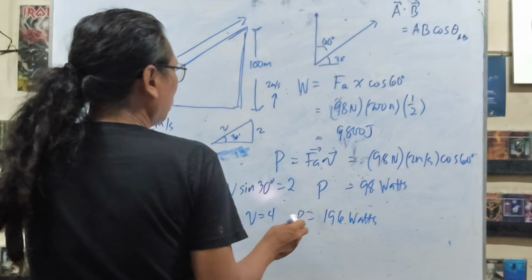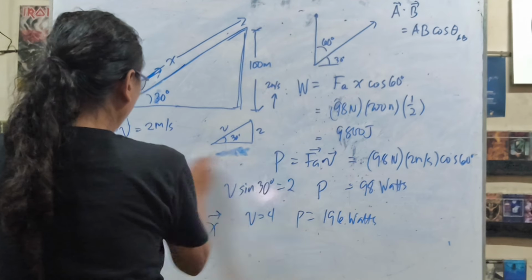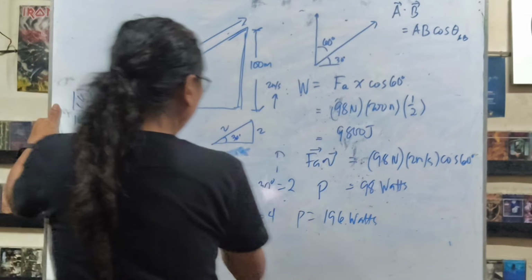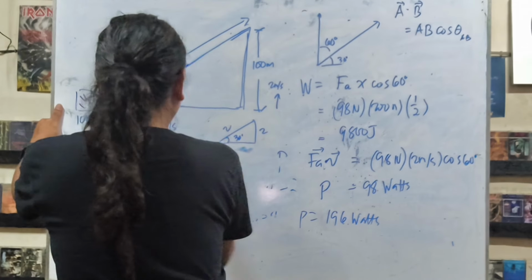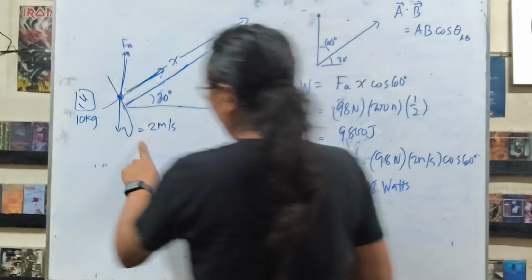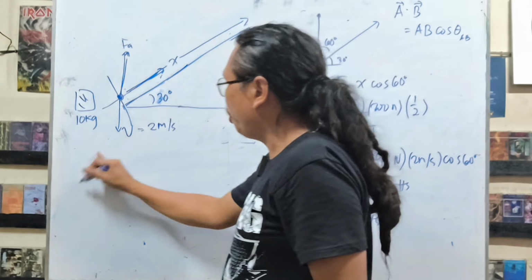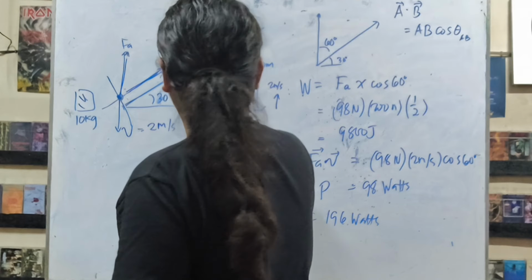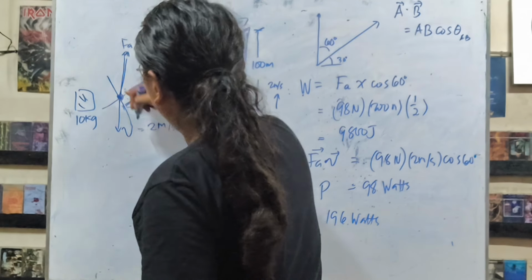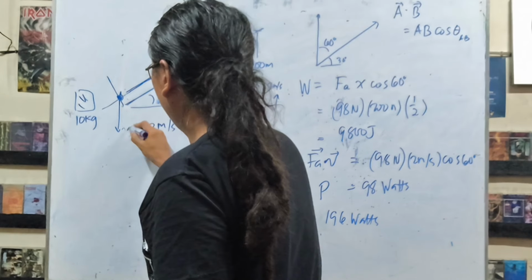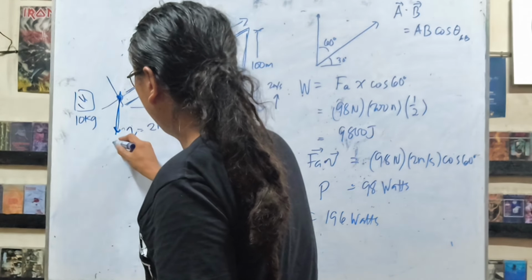Let's calculate the work done by the gravitational force. Let's take the original velocity, 2 meters per second. Let's do the free body diagram. This is our weight, the gravitational force.